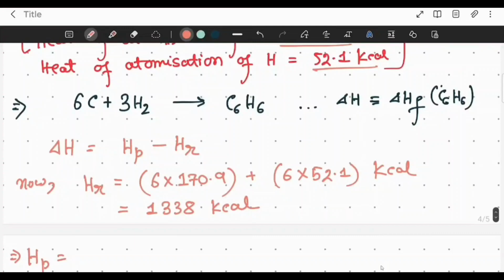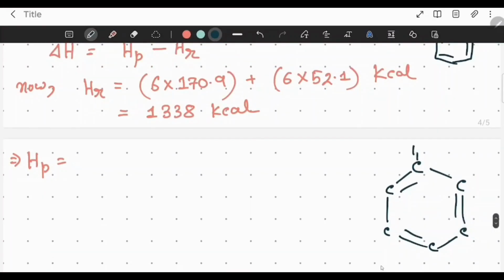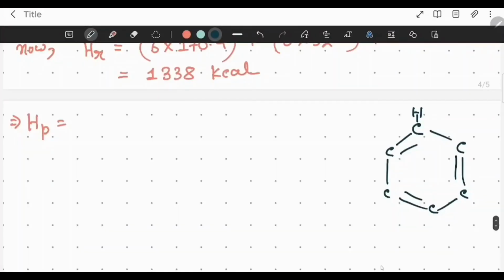C6H6, we know how benzene looks like this. We don't need to consider the resonance energy. We all know the structure of benzene. Here is a hydrogen like this.